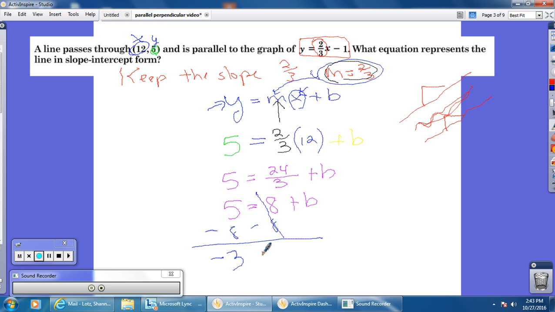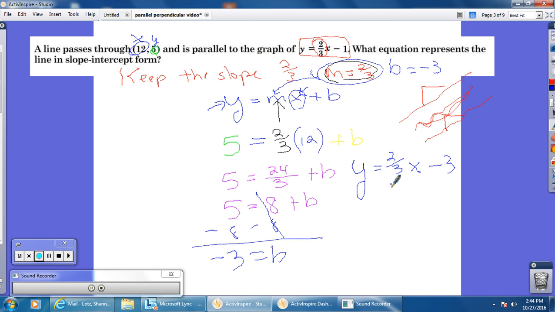This cancels, equals b. So now my b is equal to -3. And now I can write my equation. My equation is y equals, since it's parallel, I keep the same slope, 2/3 x, and then I take my y-intercept, -3.